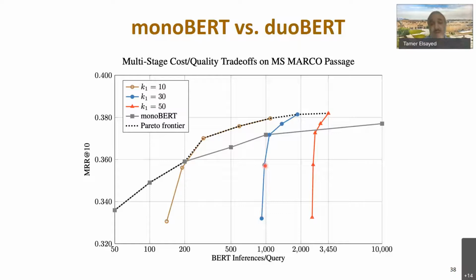But not too much over K1 equals 10, by the way. These are corresponding values with the same MonoBERT, which is 100, but with K1 equals 10 here, with K1 equal 30 here, and a slight improvement. Here also slight improvement. But over MonoBERT, of course, it's a big improvement. Also same here when K1 is 50, it is a very slight improvement over the previous case.